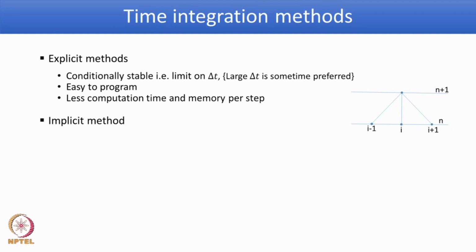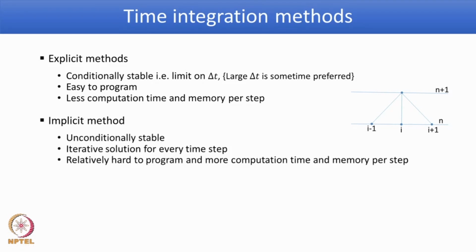Let us look at the implicit method. All the implicit methods are unconditionally stable. That means you can afford to use any delta t. It usually follows an iterative solution for every time step. For the explicit method, one inversion is enough, whereas the implicit method requires an iterative procedure because it accounts for the variable value at the current time level also.